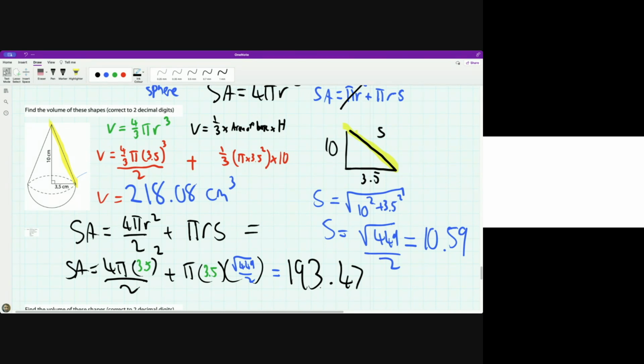Okay, so 4 times pi times 3.5 squared, and then divide by 2. Get that, plus pi times 3.5 times the fraction square root 449 over 2.